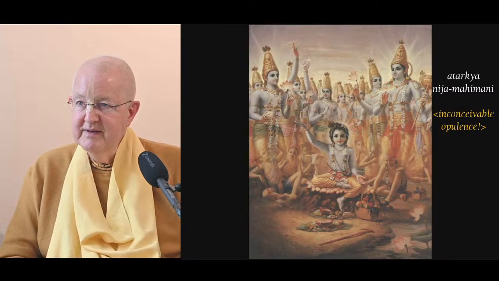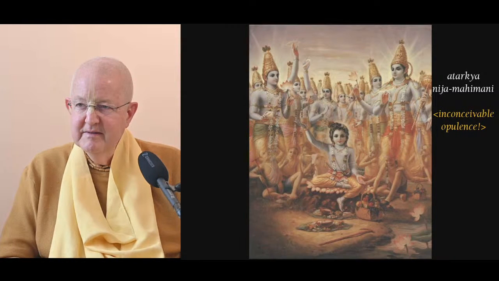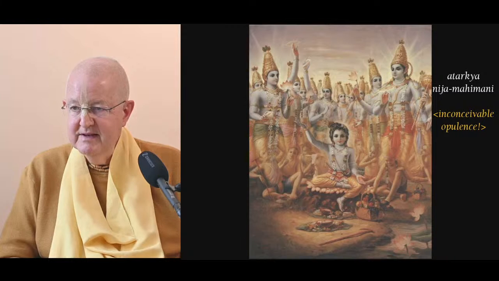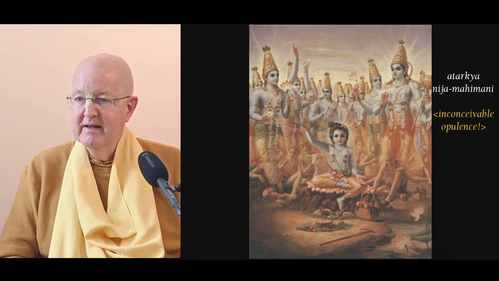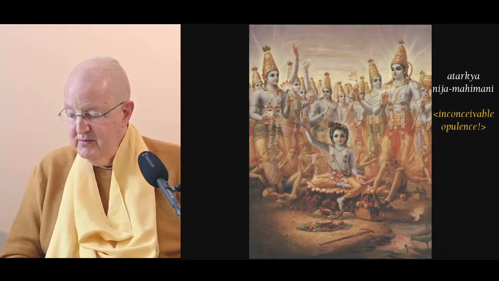And the pastime is very charming. We discussed chapter 12. I think it took 20 classes to discuss the details of that Brahma Vimohan Leela, the cowherd boys and their activities with Krishna.